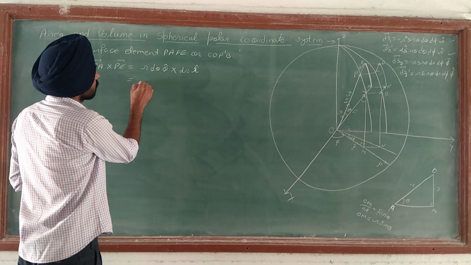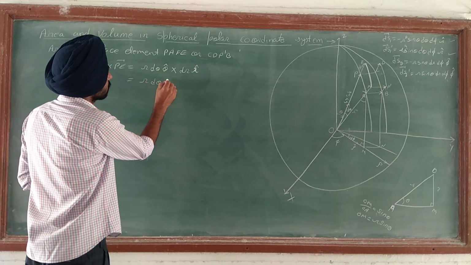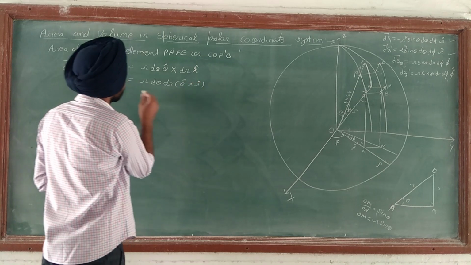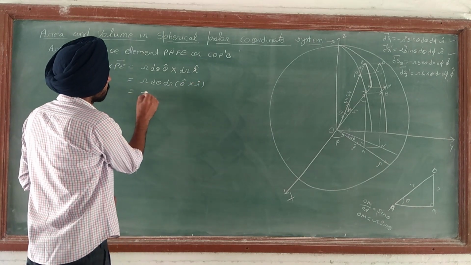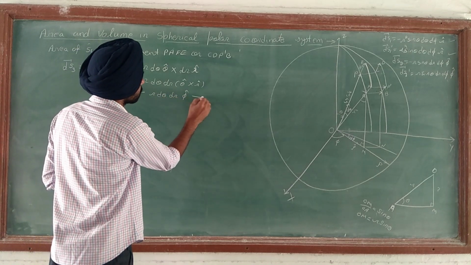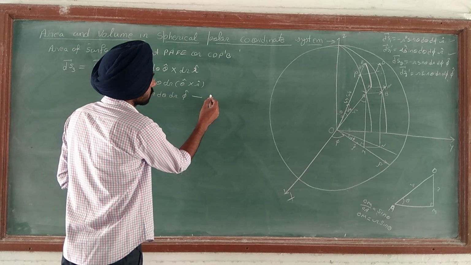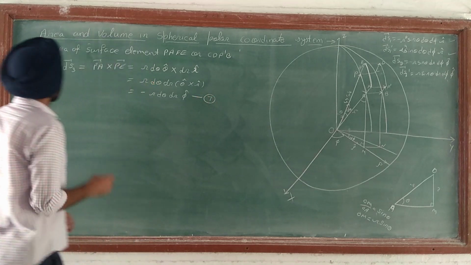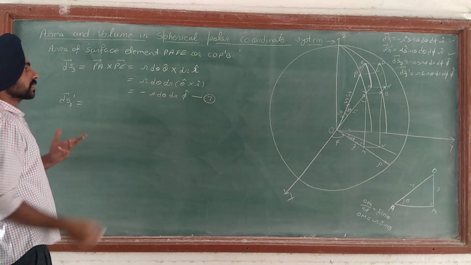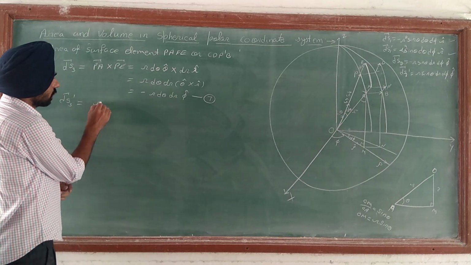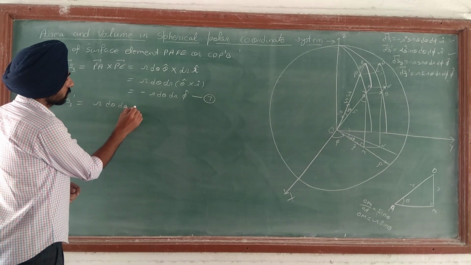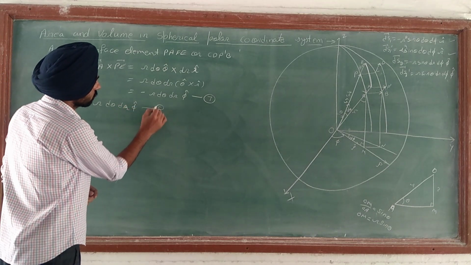So it is R d theta dr theta cap cross r cap. Theta cap cross r cap is minus phi cap. This is equation number 7. Similarly, ds3 prime you can write directly, it's better. R d theta dr into phi cap. So this is equation number 8.